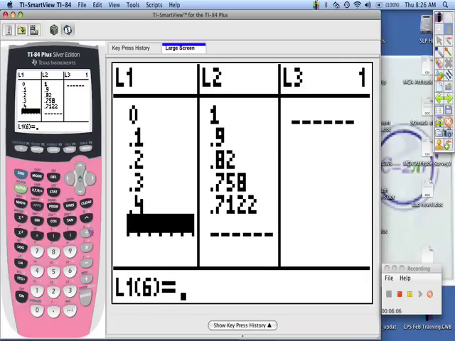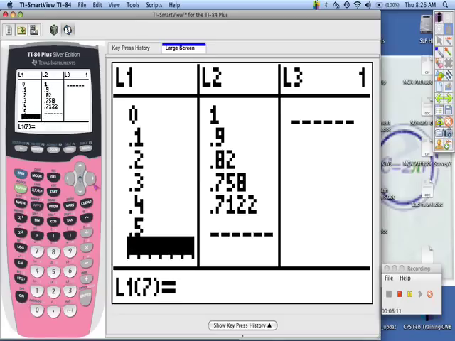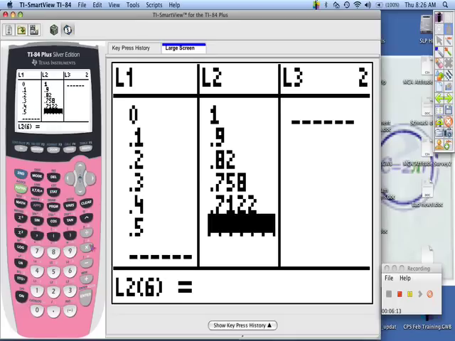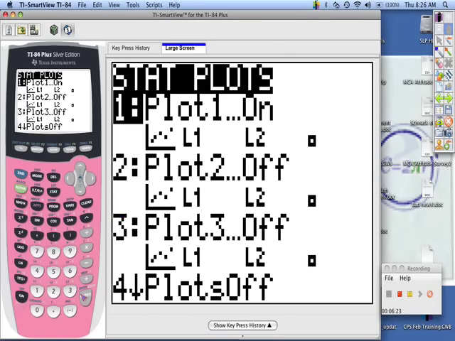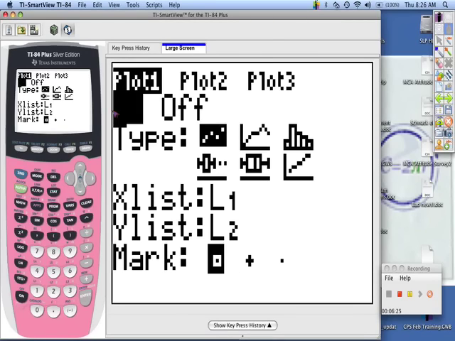But the x values go into list 1, the y values go into list 2, and then I can make a scatter plot. So I want plot 1 on. This first type is the scatter. My x's are in list 1, my y's are in list 2, and I'm going to have boxes on my graph.